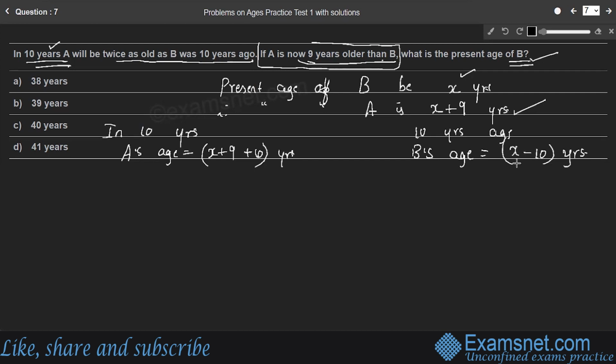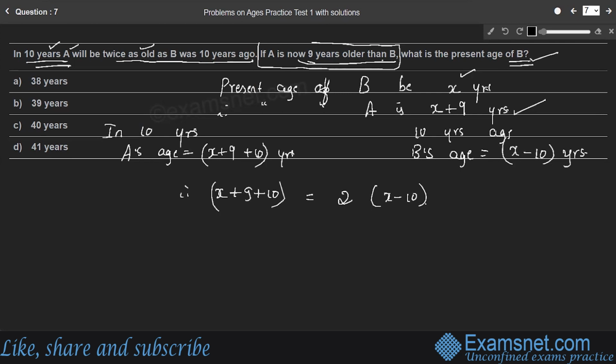And it is given that in 10 years, A will be twice as old as B was 10 years ago, right? Therefore, X + 9 + 10, A's age, will be twice B's age 10 years ago, so twice (X - 10). Simplify it.